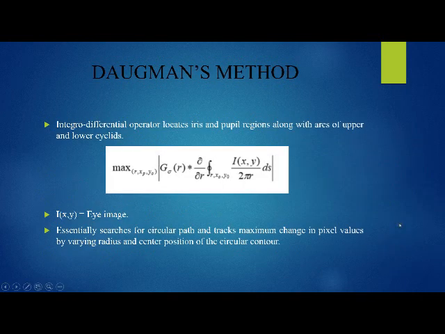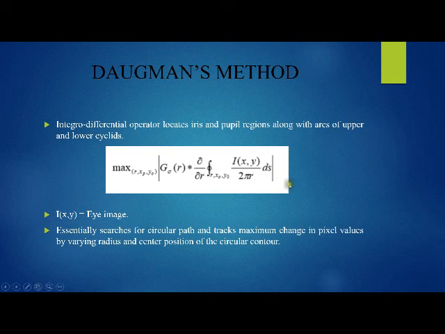The other method is Daugman's method, which is highly cited and is one of the oldest methods for segmentation. What this essentially does is search in an N3 space for the circumference, center, and radius that have the highest derivative value when compared with that of a neighboring radius.